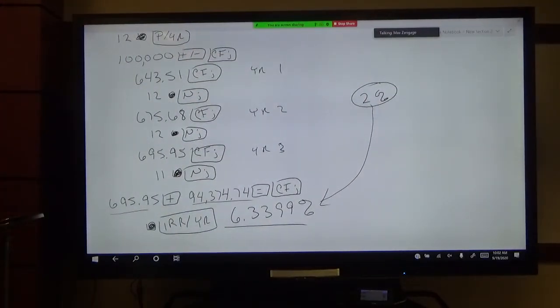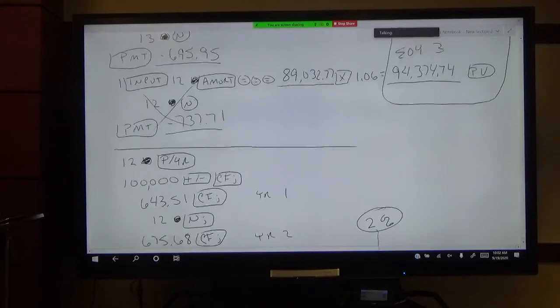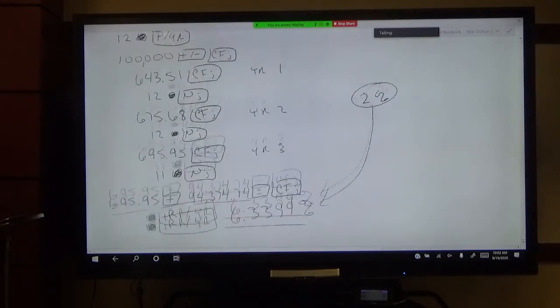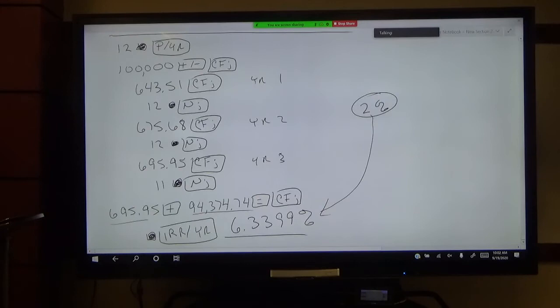So what happened with the 737? We don't need it, because that's year 4. We're paying it off at the end of year 3. Oh, at the end of. My decimal point is only 1. I've been screwing it up.